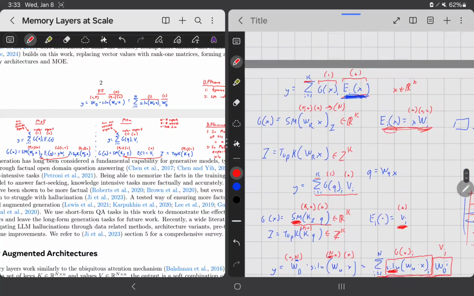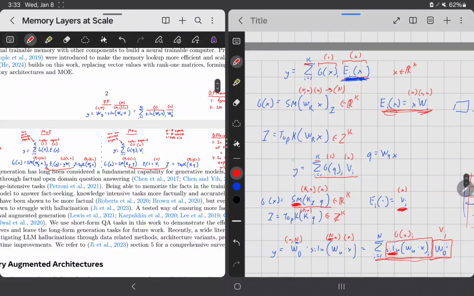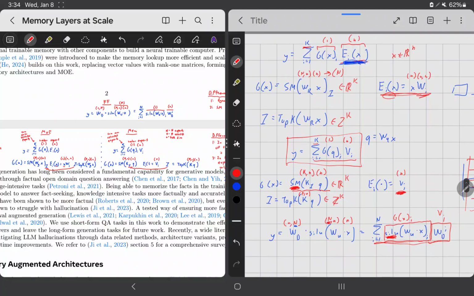Anyways, concluding on the formulation, this is what they go with. Their results claim that it does better than mixture of experts when you scale the number of parameters.